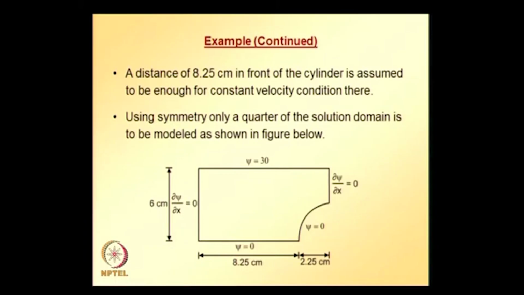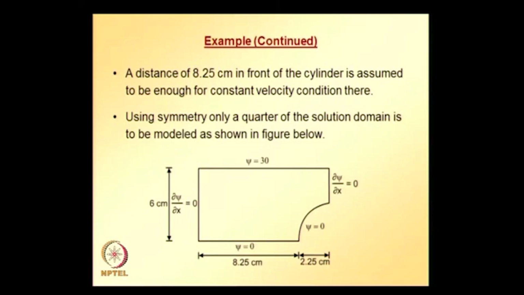Similarly, on the edge which is coinciding with the cylinder, psi is equal to 0, and psi is equal to 30 on the other, and that is coming from the flow rate, which we just calculated. So, this is the quarter model of the solution domain.